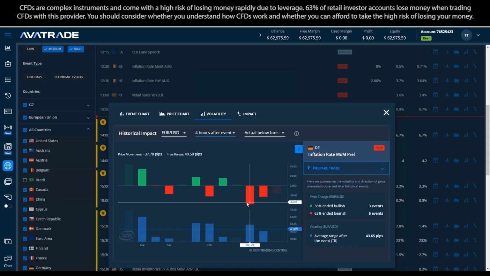So that's another 10 to 20, 10 to 30 further pips movements over the next 4 hours, 63% of the time in the downward direction, beyond what it moved in the first 5 minutes, okay? With only one of them really hovering where it stayed flat after 4 hours, okay? So very strong information that can help guide your decision on what direction you might trade based on how the data comes in on a particular announcement.